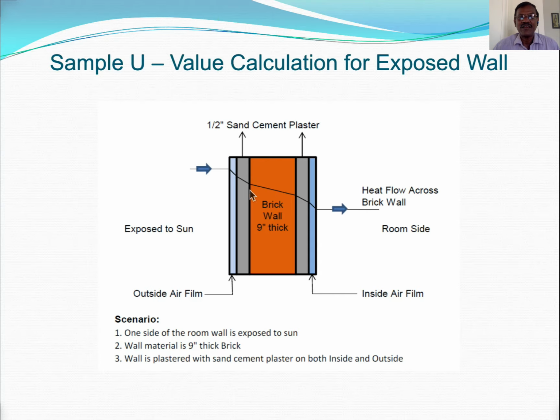Then the exposed side has the outdoor air film resistance, and the room side has the inside air film resistance. So this is a simple kind of wall. Let us see what U value we are getting.